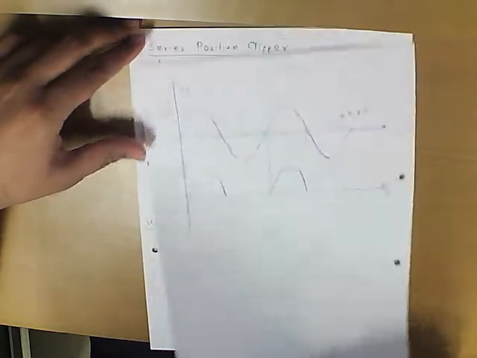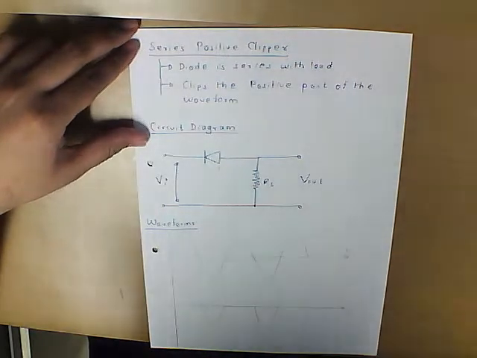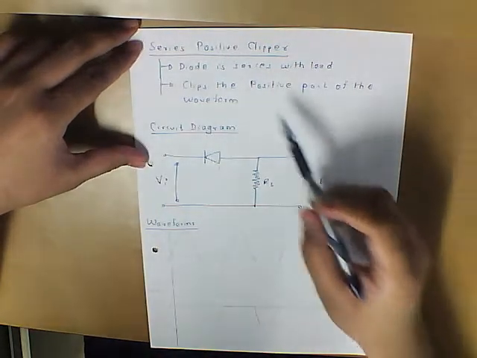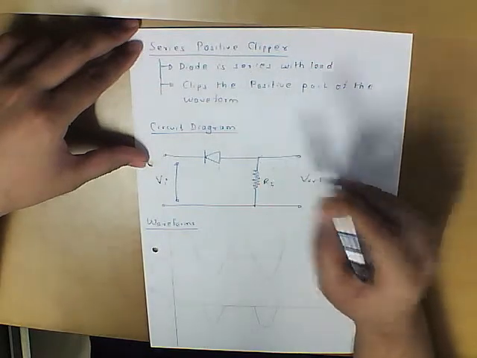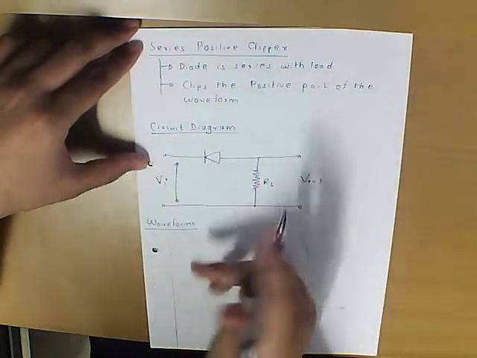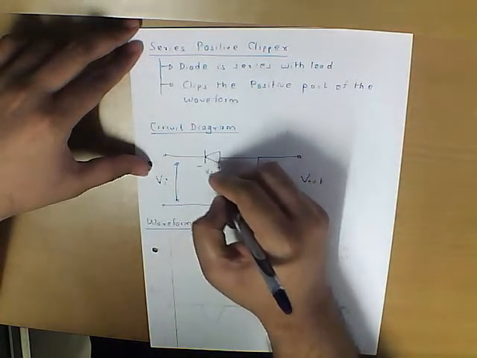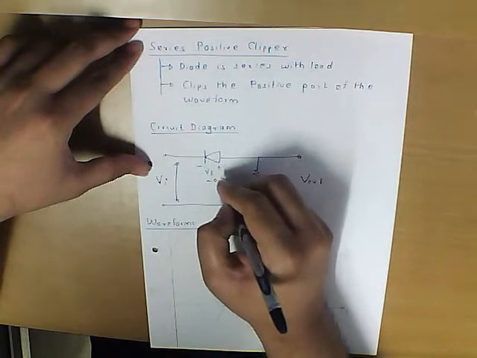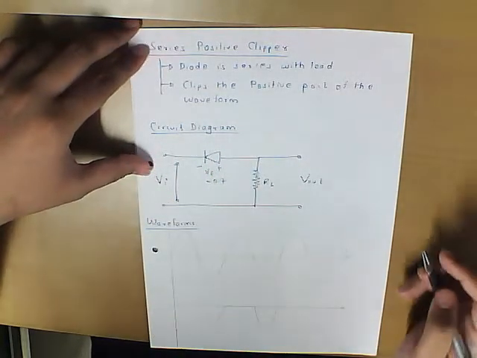So similarly, what we have is a series positive clipper. So in the series positive clipper, the diode is in series with the load, and it clips the positive part of the waveform, and you can see that the diode polarity is exactly reversed. So we have here VF, which is equal to 0.7, and since the polarity is reversed, it is minus 0.7.